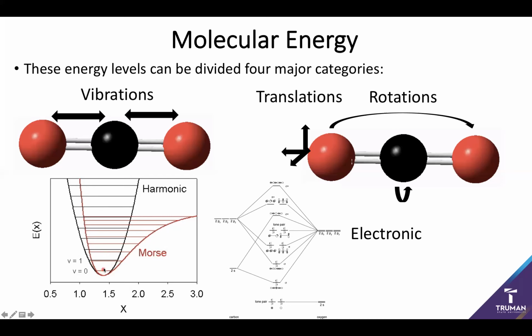This characteristic absorption frequency is what makes up an IR spectra. Electronic transitions are even higher energy, and this is what we monitor using UV vis. So again, in terms of small separation to largest: translations, rotations, vibrations, electronic.